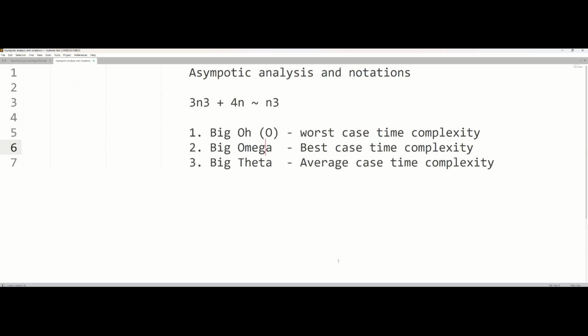Now, if you want to represent these graphically, let's say there is a function f of n and there is a function g of n, okay?